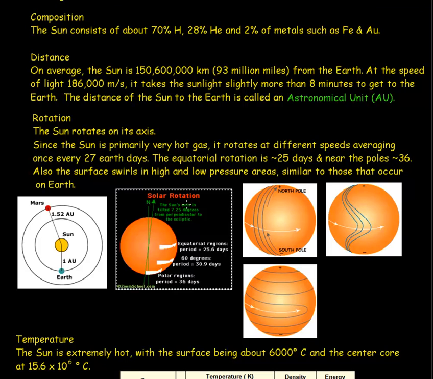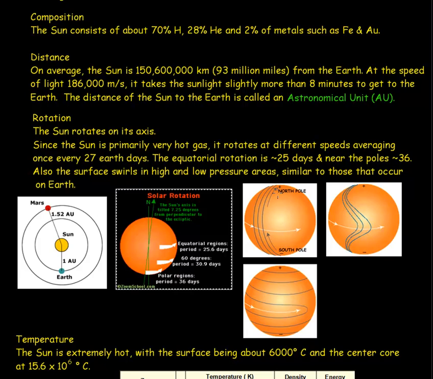This is a picture actually showing you the sun rotating, and around 25, almost 26 days along the equator, 36 days around the poles, and around 31 days at mid-latitudes. But if we average all this together with most of the mass being here, that's how we come up with this 27-day average for the sun's rotation.